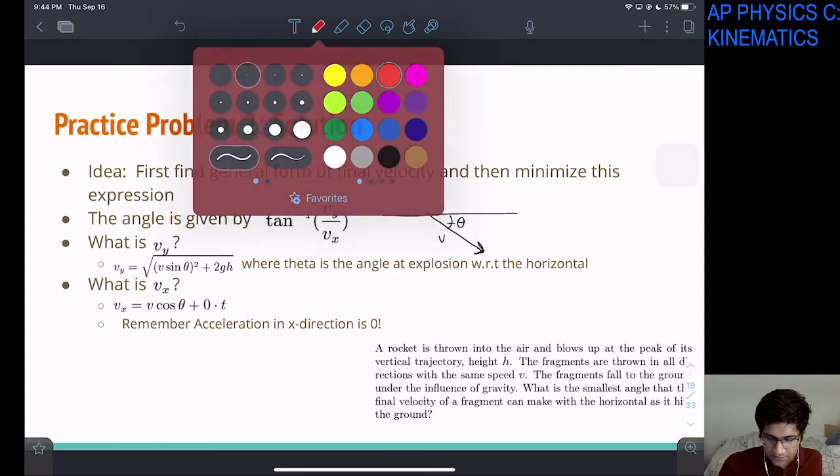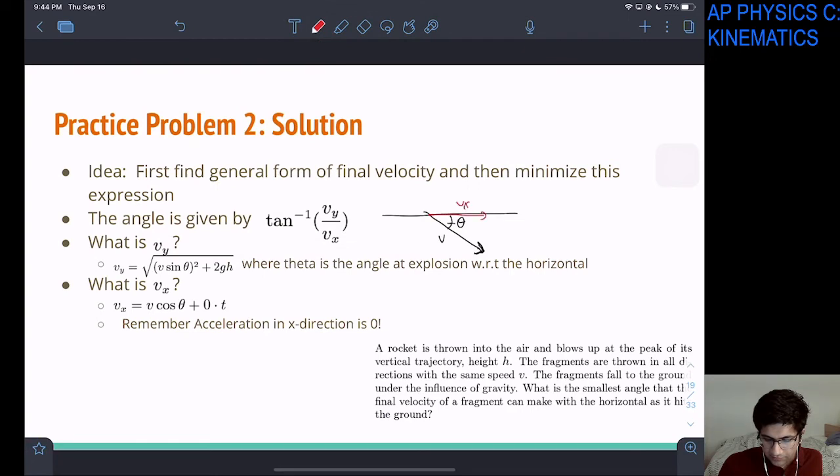So we have vx over here, and we have vy over here. If we take the tangent of theta, we get the opposite, which is vy, divided by vx. And if we take the inverse tangent, we get inverse tangent of vy over vx is equal to theta. So this is our angle that we're going to have in general.